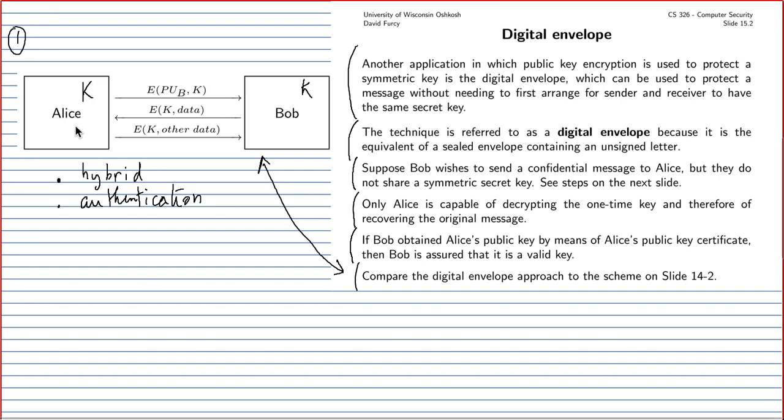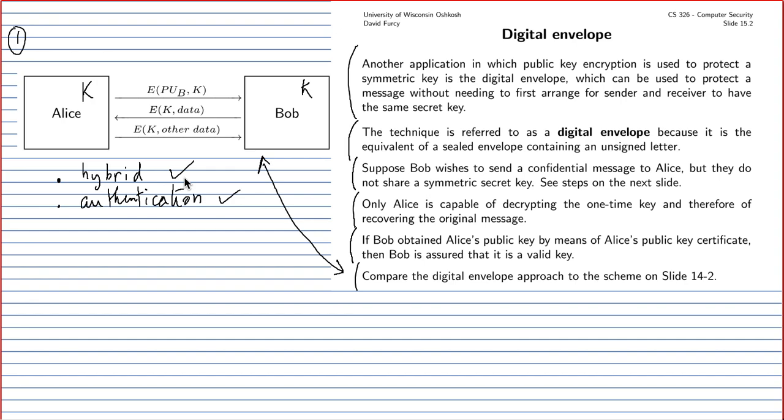On the other hand, Bob has no idea who is communicating with him, since Alice here is not authenticated to Bob. And again, this is similar to the digital envelope scenario in which the sender is not authenticated to the receiver, but the receiver is authenticated to the sender. So these are two features that these two approaches have in common.